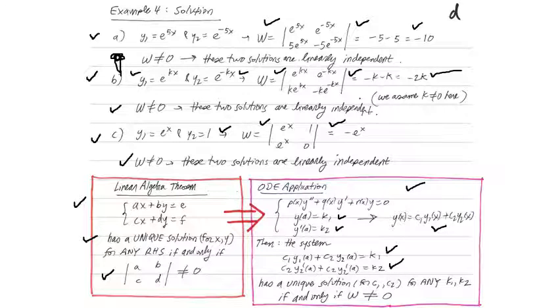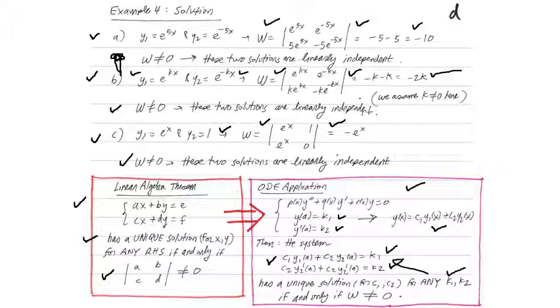We want that system to always have a unique solution for any right-hand side k1, k2, and from the linear algebra theorem, which we just reviewed over there on the left in red, that system has a unique solution for any right-hand side if and only if the determinant of coefficients on the left-hand side is not 0, and the determinant of coefficients of that system is precisely the Wronskian.